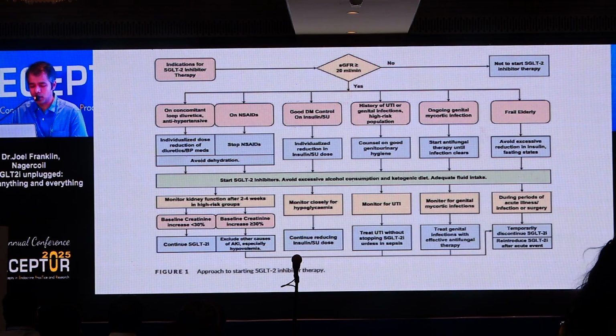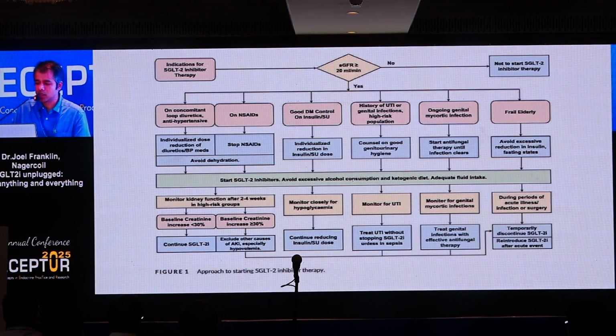Better to involve nephrology also. If the patient develops genital mycotic infection, you treat and continue SGLT2 inhibitor. During periods of acute illness, infection or surgery, you can temporarily discontinue SGLT2 inhibitors and reintroduce them once the patient starts taking orally.